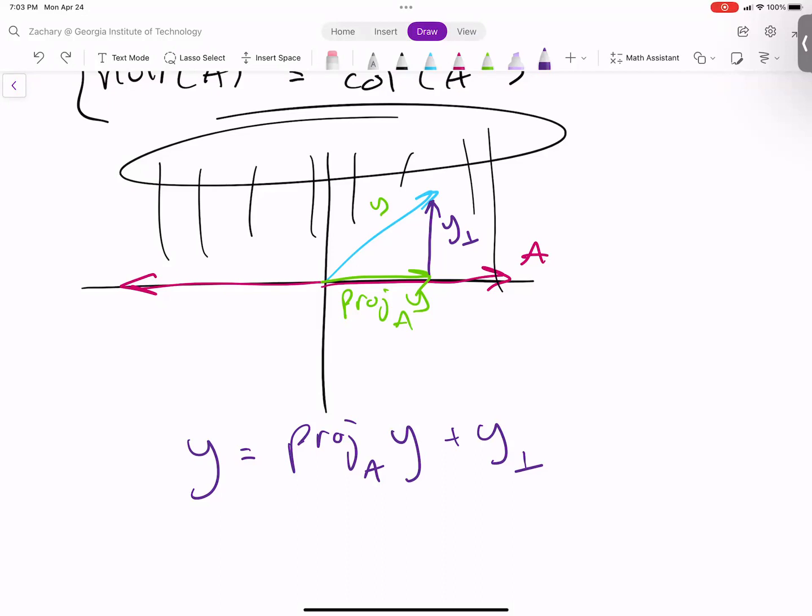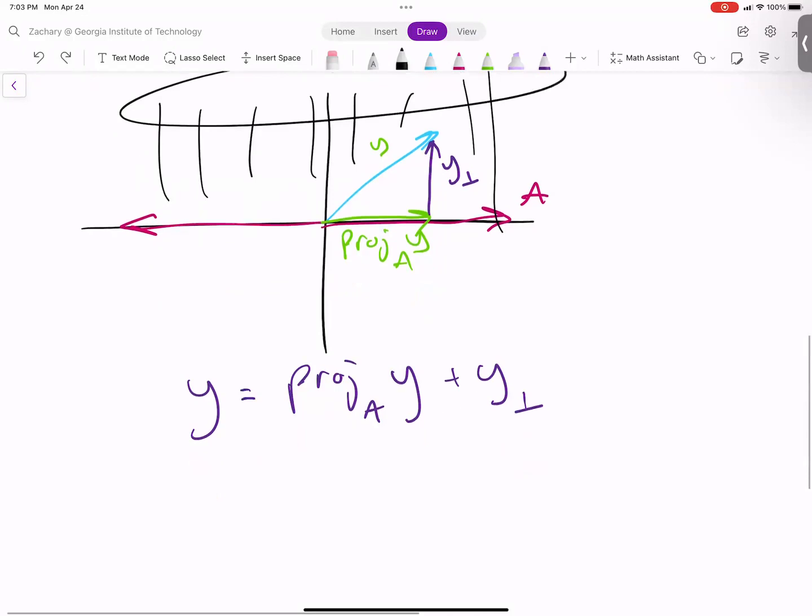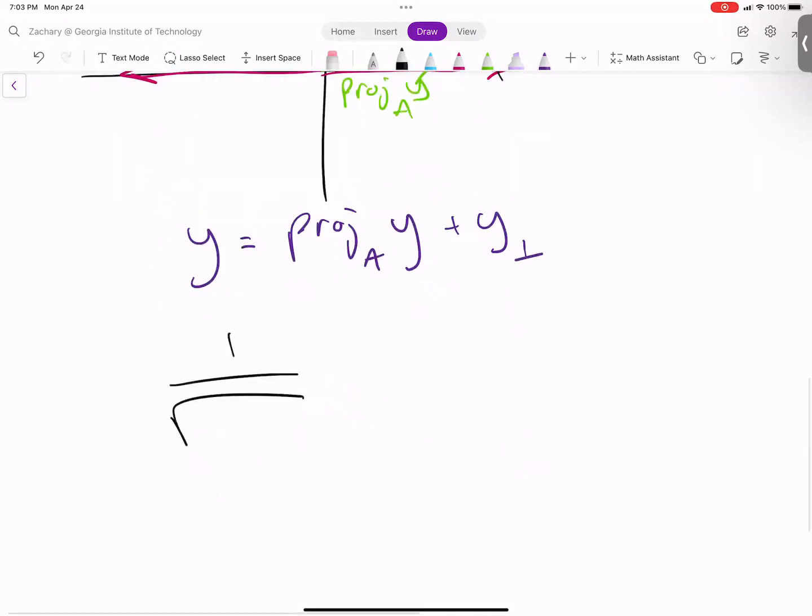So how do you find a magnitude of a vector? It's always just the square root of the sum of squares of each entry. So we'll call it the square root of a squared plus b squared plus c squared plus dot, dot, dot.